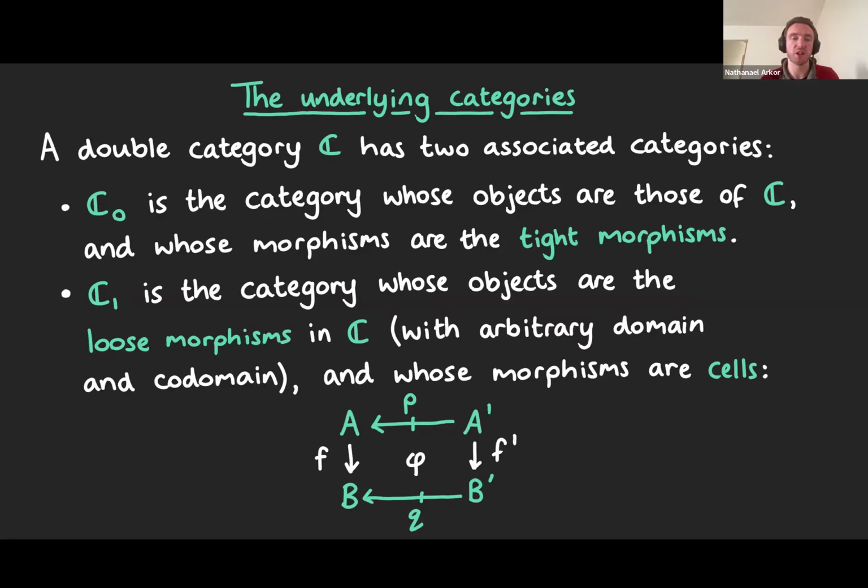And the morphisms in C1 are the cells in C. Formally, I mean that the morphisms are triples comprising two tight morphisms at the side, F and F prime at the bottom here, and also a cell phi filling the square. Again, the details of these two constructions are not going to be so important, but I will briefly mention them a little later.